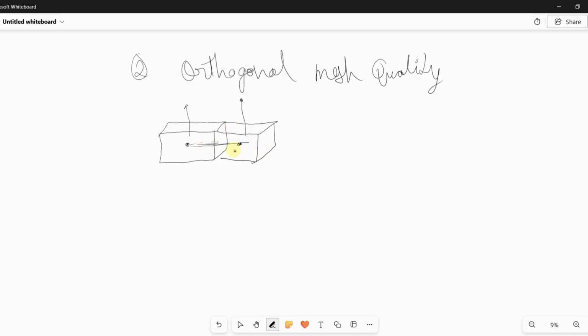So it means it's orthogonal. Now suppose I have a mesh like this. My pen is lagging, my bad. So if I have something like this and the other one connected as well, okay, I'll just rub it.